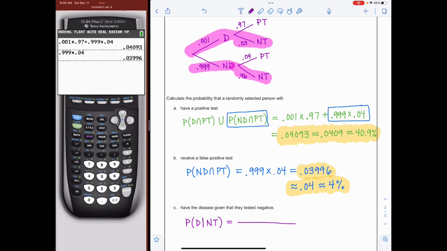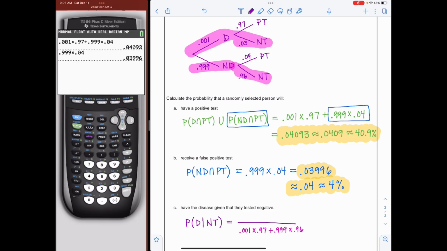So the probability of having a negative test is going to be 0.001 times 0.97 or 0.999 times 0.96.